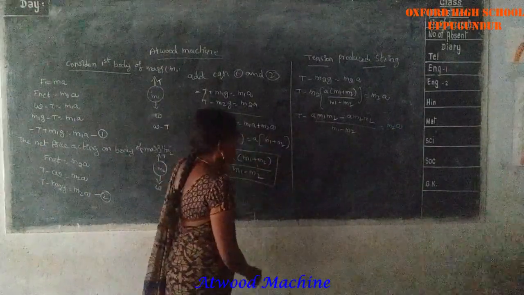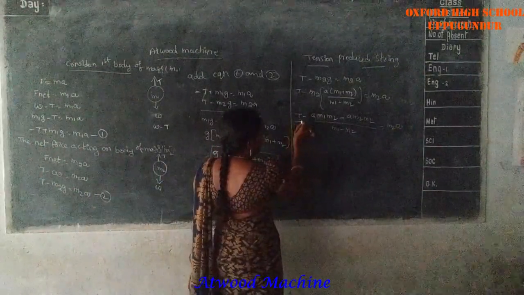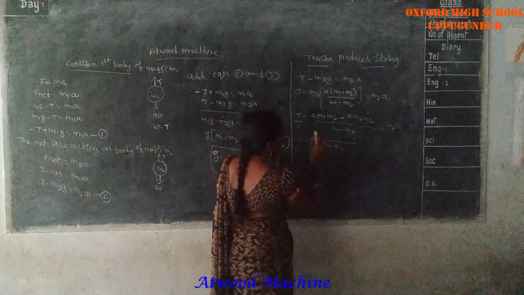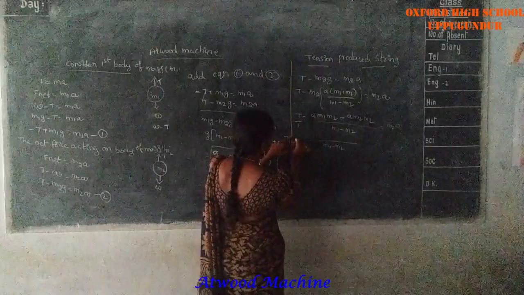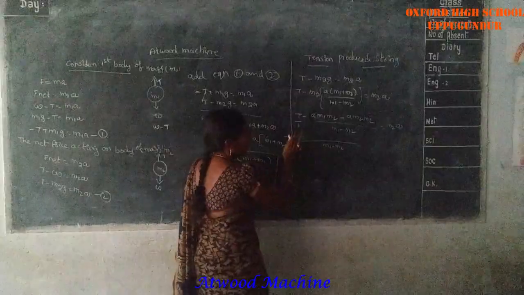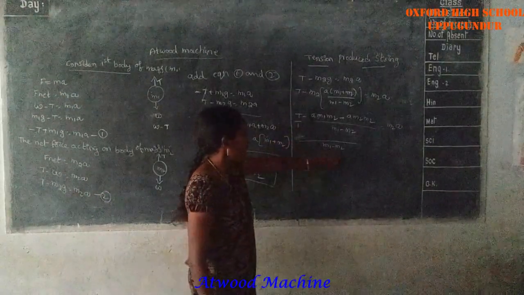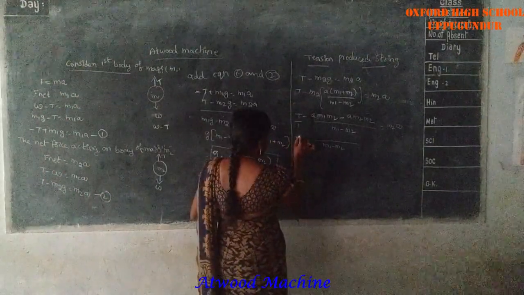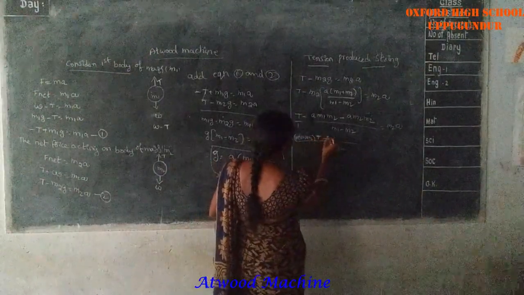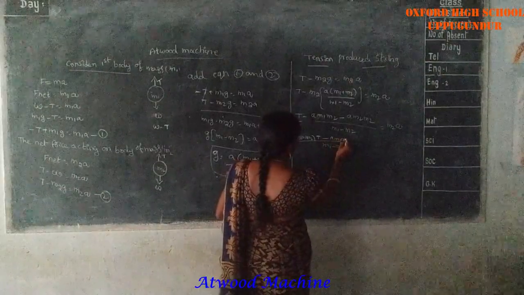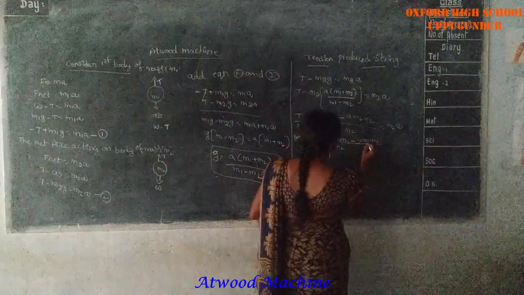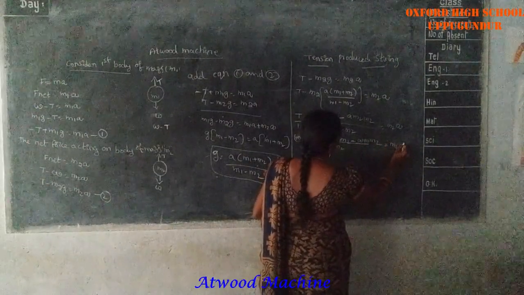Now apply the LCM. Listen carefully: the LCM is M1 minus M2. So (M1 minus M2) into T minus A M1 M2 minus A M2 M2 is equal to M2A.